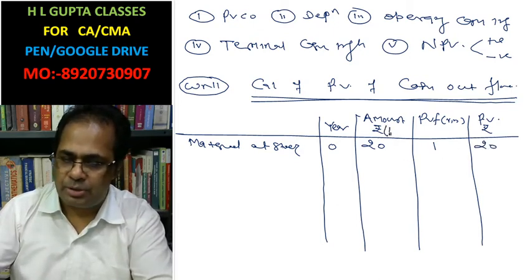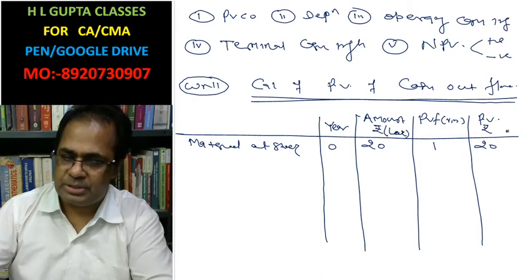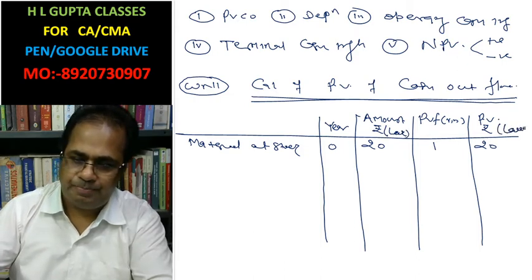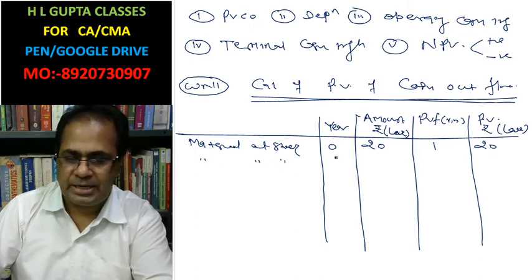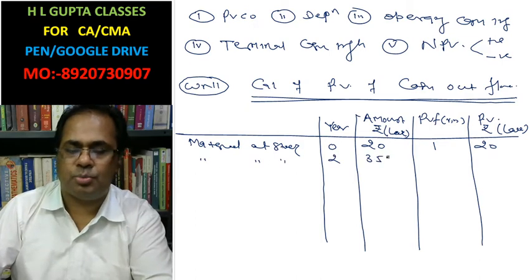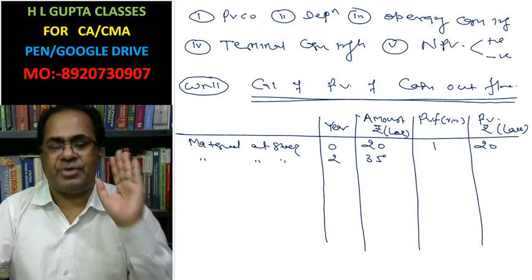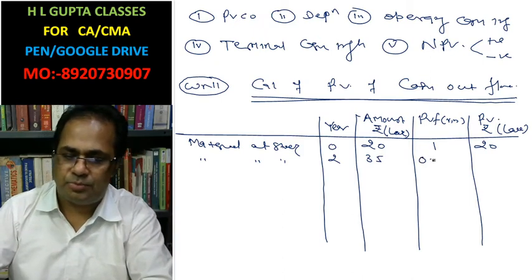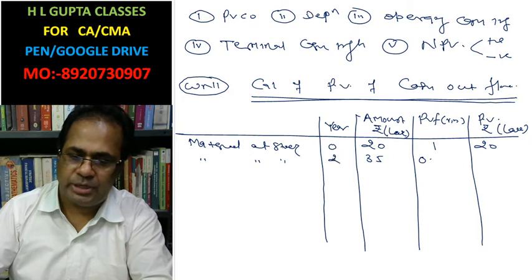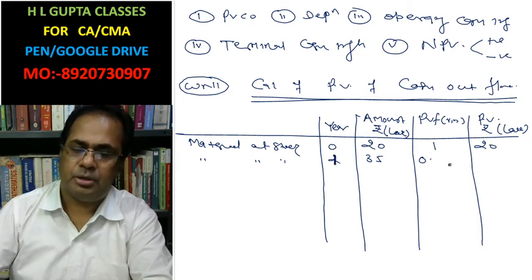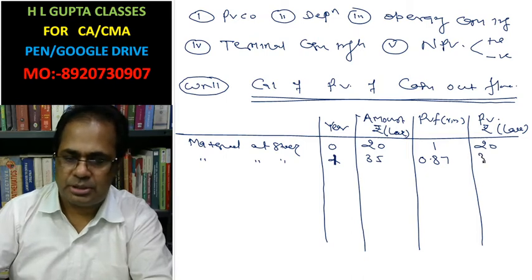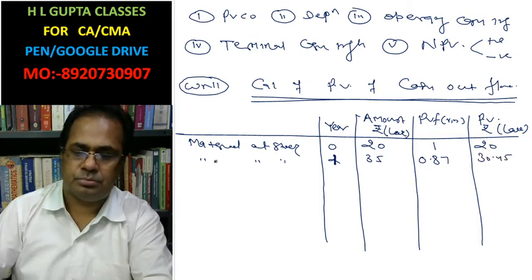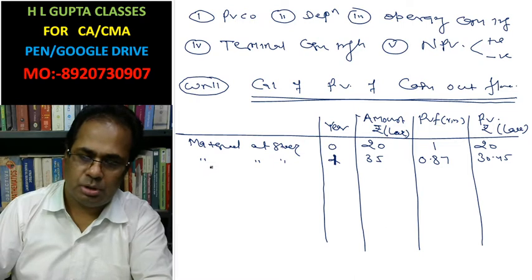This is the data in lakhs. Material in stock in the second year is 35 lakh, because for the whole material you need 55 lakh. And this is for the 1 year end, 0.87, so this is 30.45 for material in stock.